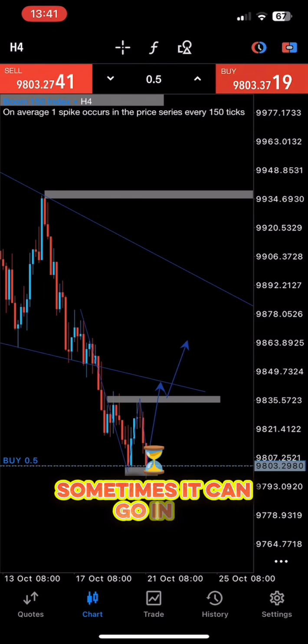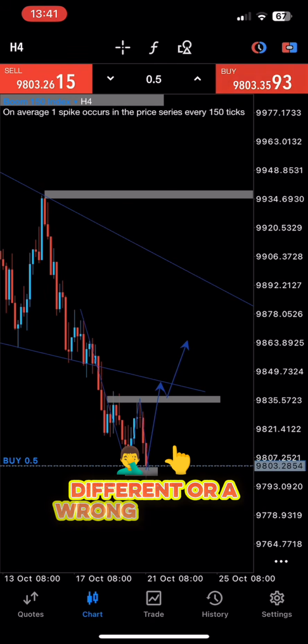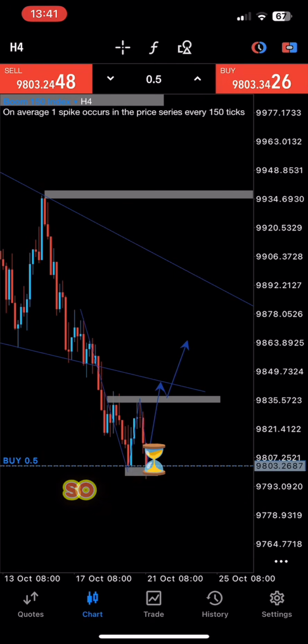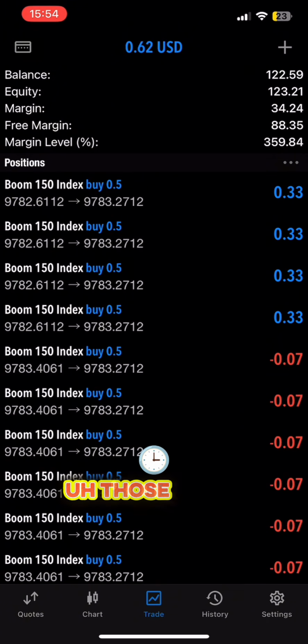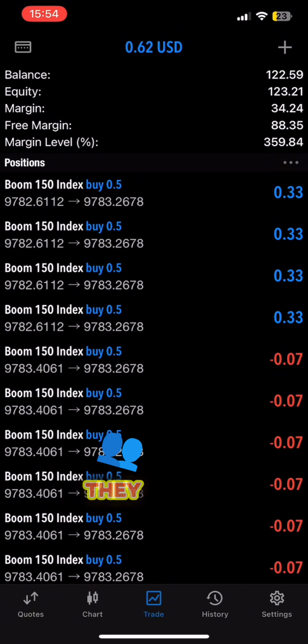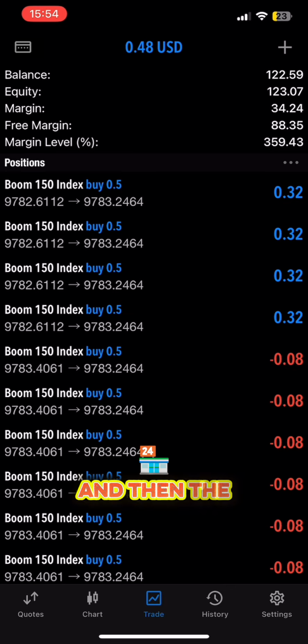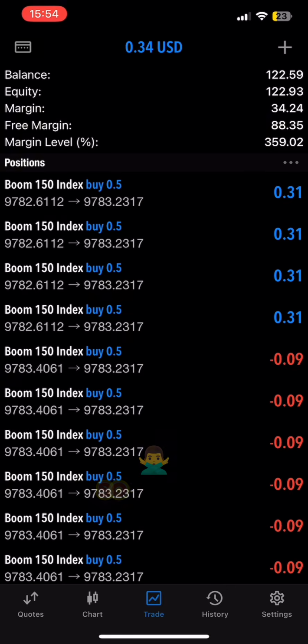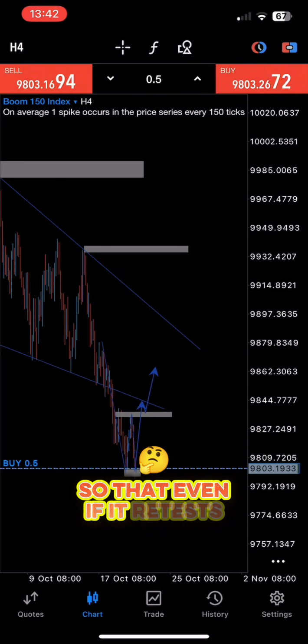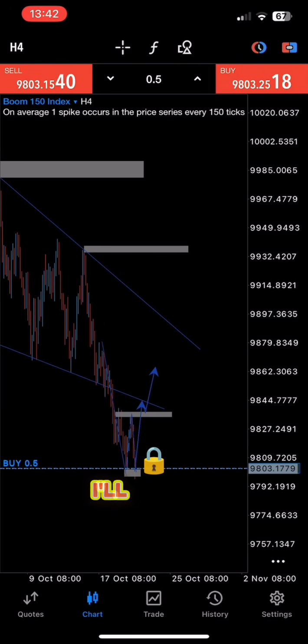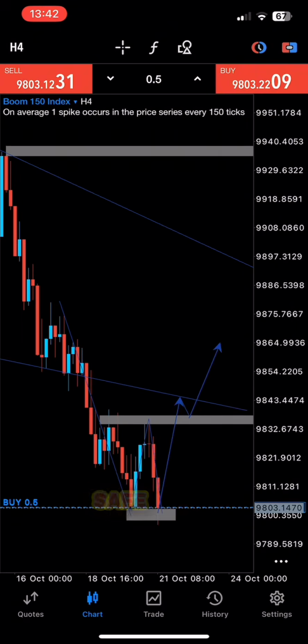Sometimes it can go in a wrong direction, going for a stop hunt, trying to trap those early buyers so that they get stopped out, and then the market starts to buy. So I'm not going to execute a lot of positions, so that even if it retests to the downside, I'll be totally safe, right?